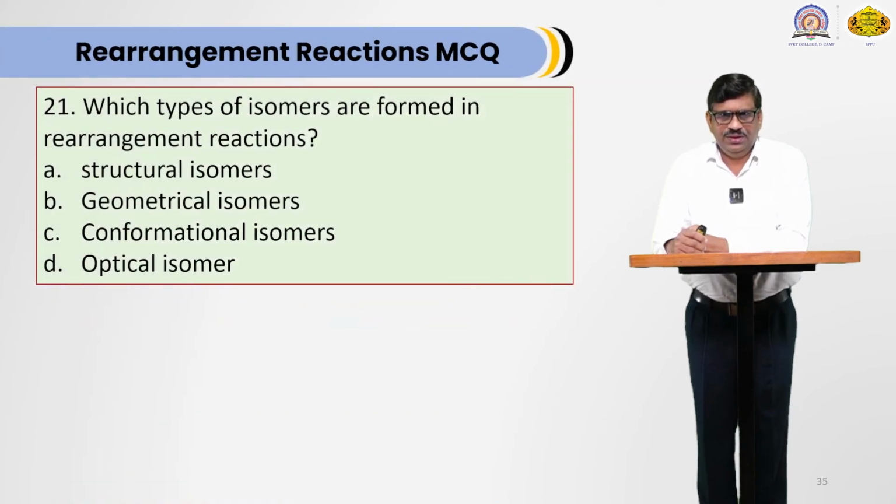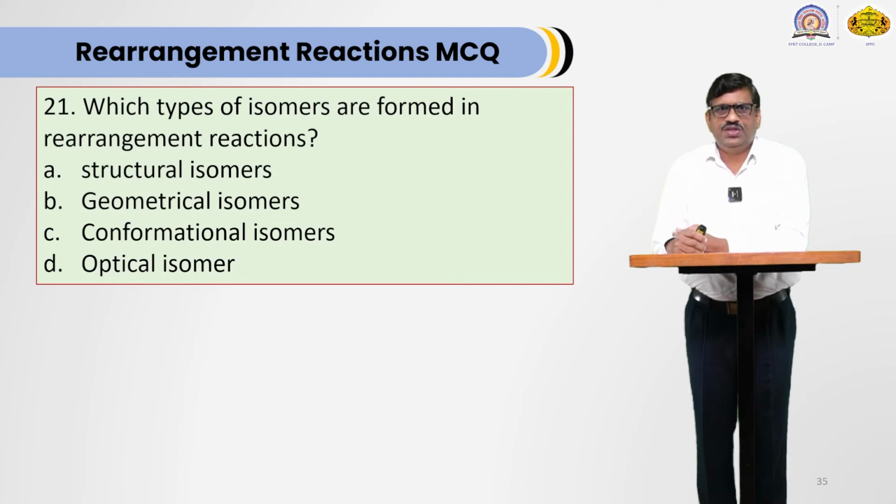Question number 21. Which type of isomers are formed in rearrangement reaction? Option A, structural isomer; option B, geometrical isomer; option C, conformational isomer; option D, optical isomer.